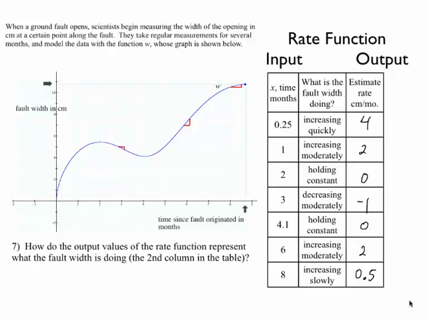Increasing quickly, down here at the end. A smaller positive number means it's increasing more slowly. 1 or 2, we called that a moderate rate of change, right? We called that moderate. So you should see that these numbers are putting a value on exactly what we described in terms of what the fault is doing at those times. Do you see it?